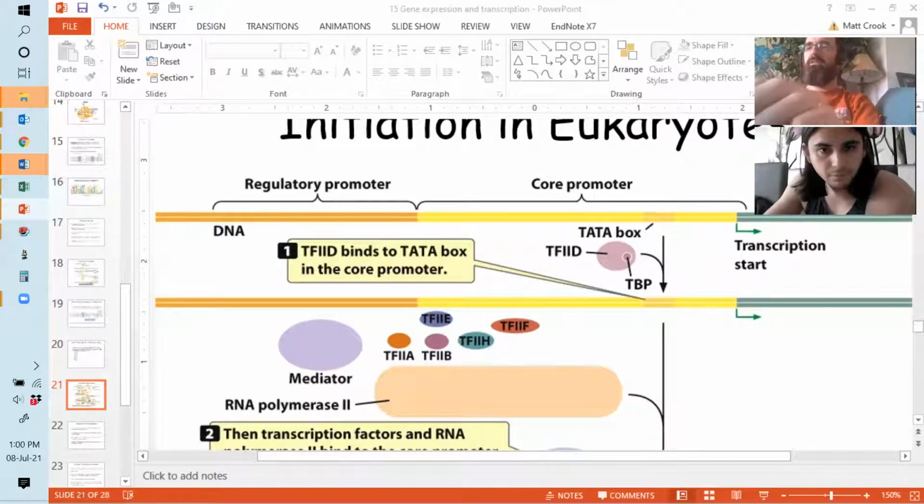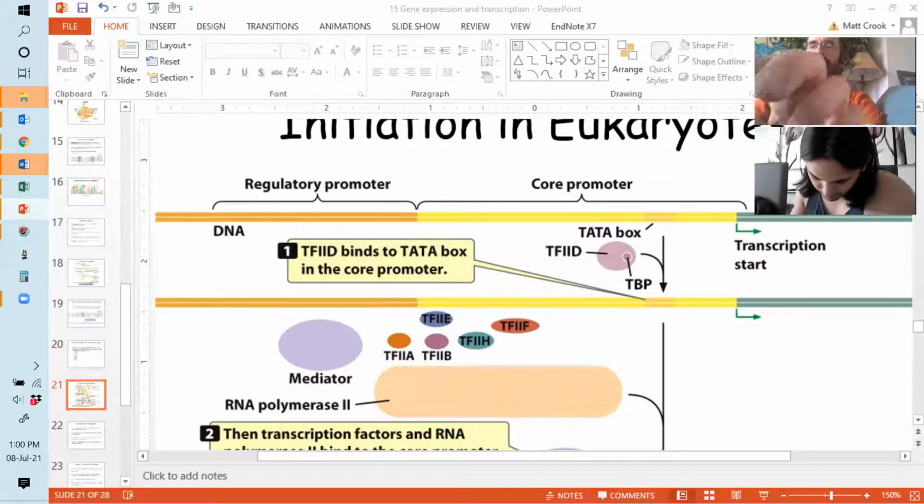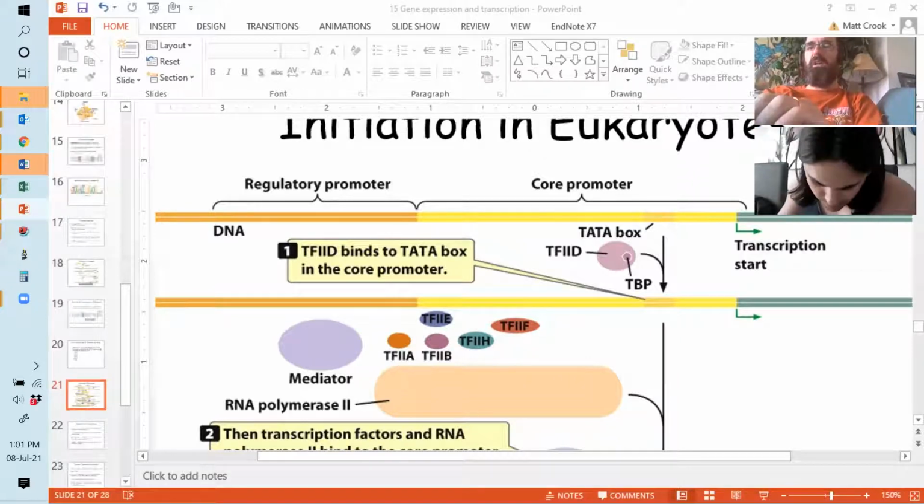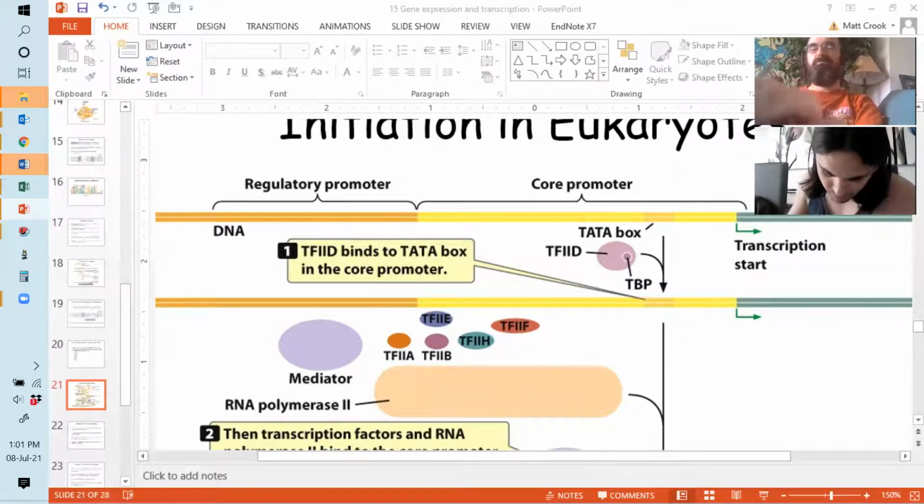And I'm going to be lazy and shorten eukaryotes to euks. And that's really where RNA polymerase II binds, plus the general transcription factors. And that can be, I don't know, a few hundred bases, maybe.